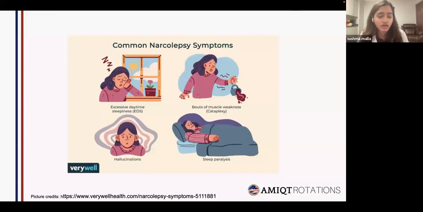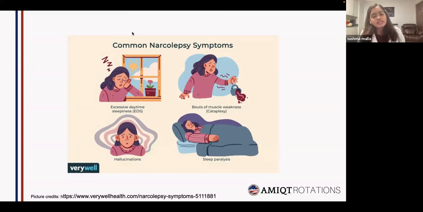And hallucinations are one of the more common symptoms as well, with people mentioning hypnopompic and hypnagogic hallucinations. Hypnagogic are hallucinations that they usually have when they're going to sleep, while the latter is when they wake up from sleep.